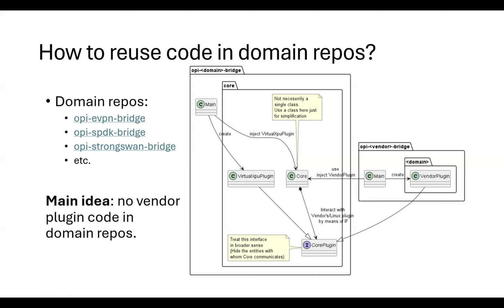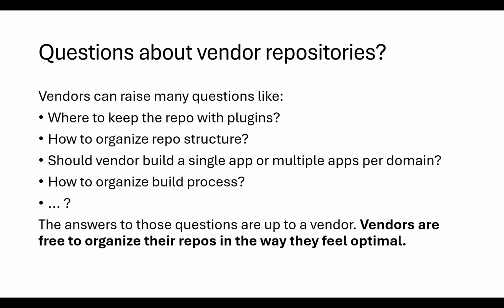Okay, and also some questions were raised, like where to keep the repo with those plugins, how to organize repo structure, should a vendor build a single app or multiple apps per domain, how to organize the build process, et cetera. And the answer to all those questions is that it's up to a vendor to decide.